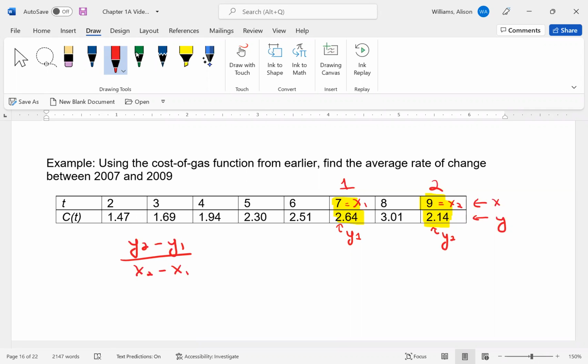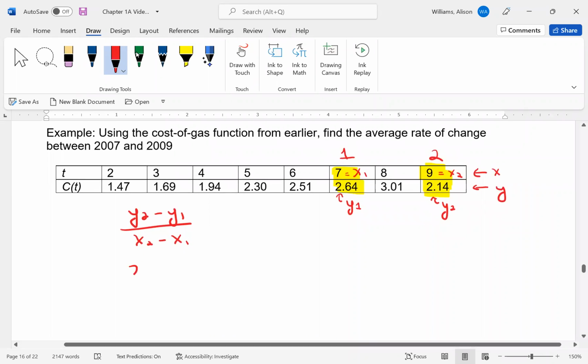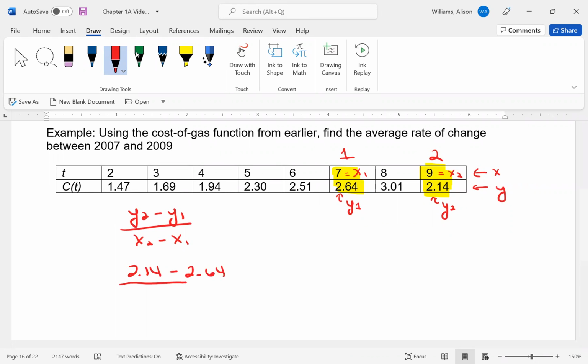Okay, so let's plug that in. This would be 2.14 minus 2.64 over 9 minus 7, which comes out to negative 0.5 divided by 2, which is negative 0.25.